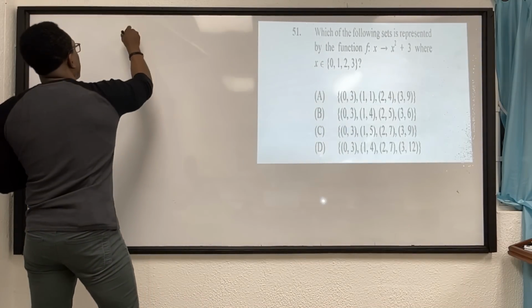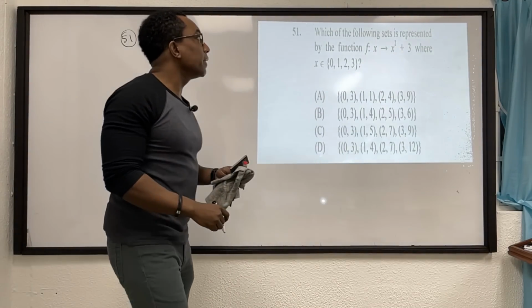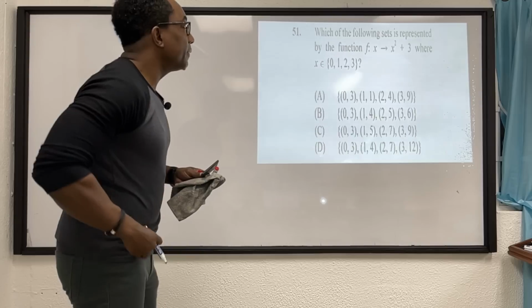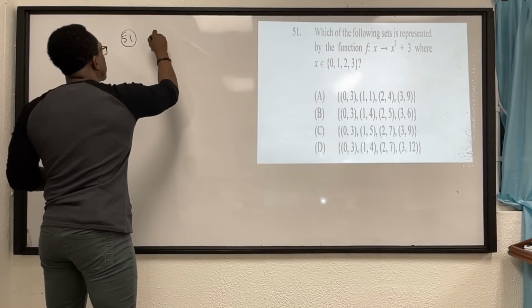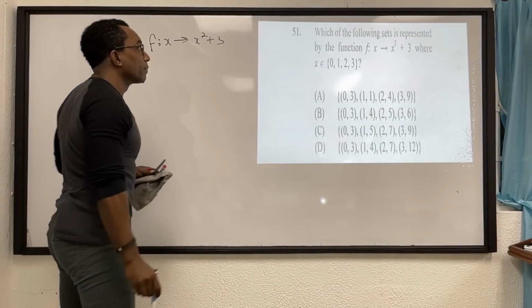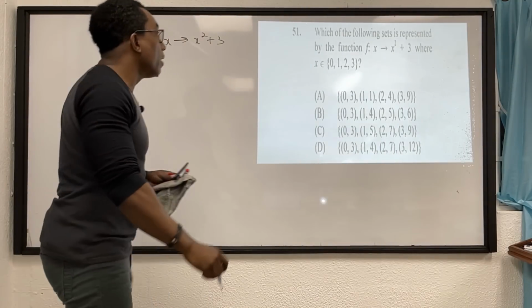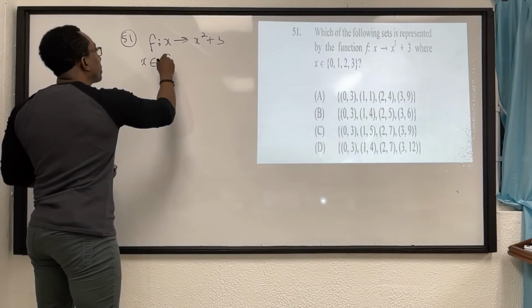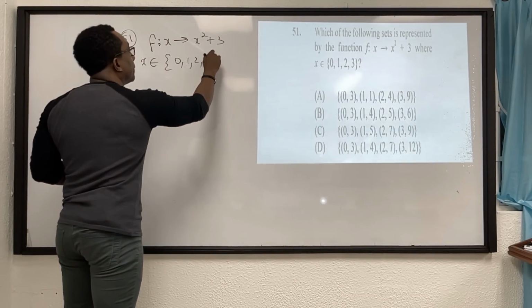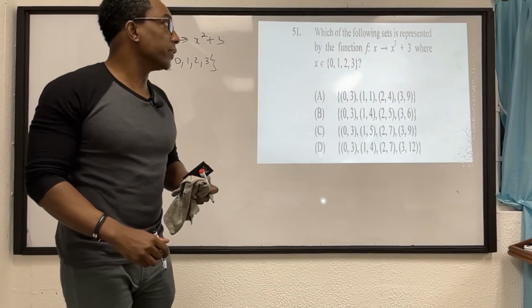So 51. Which of the following sets is represented by the function f such that x is mapped onto x squared plus 3, where x belongs to the set of whole numbers 0, 1, 2, 3.